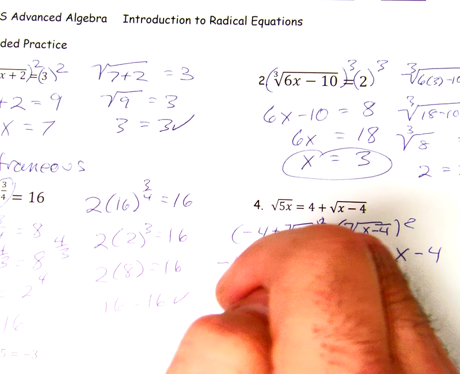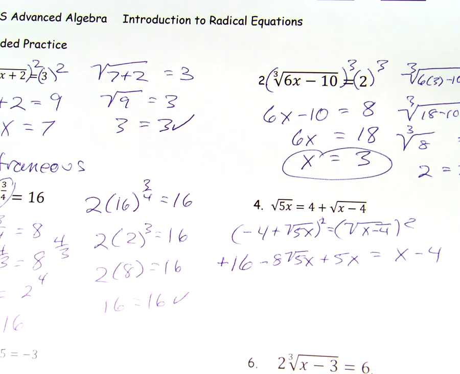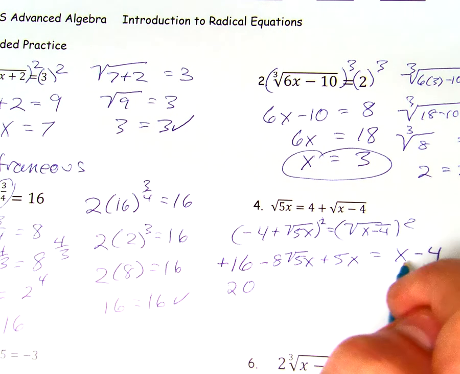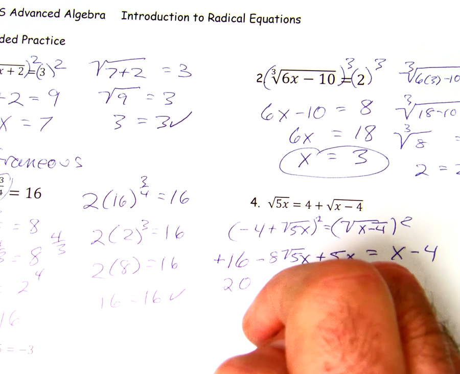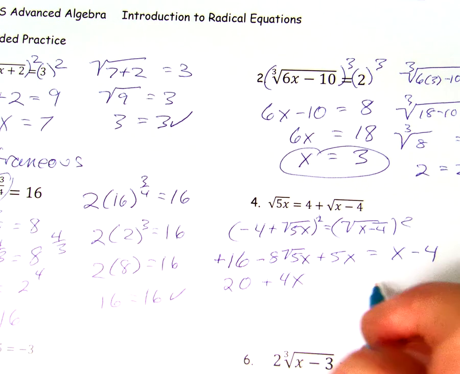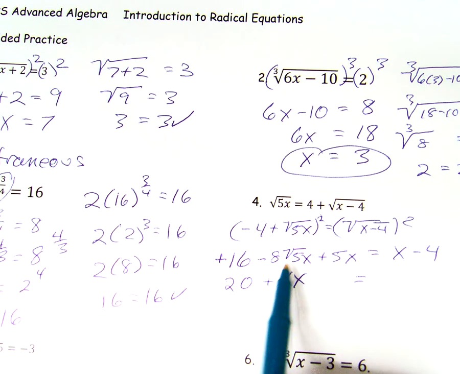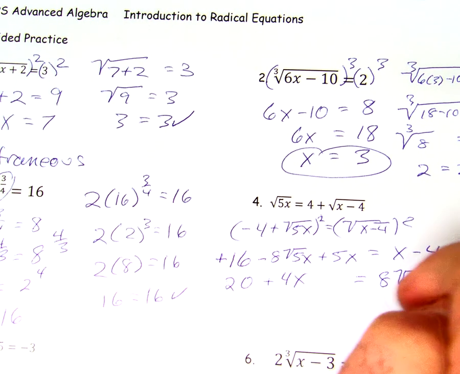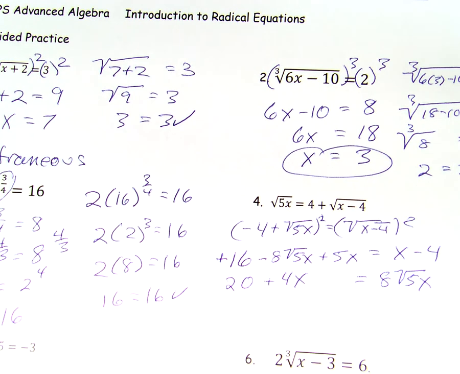Actually, that's -4 times -4. That's a +16, isn't it? Yeah. And when I add 4, it's 20. When I subtract this x, I get a +4x. And then I'm going to add this 8 times the square root of 5x to the other side.